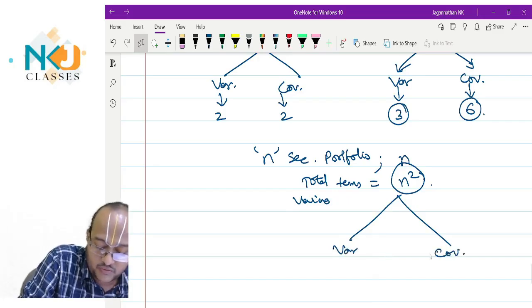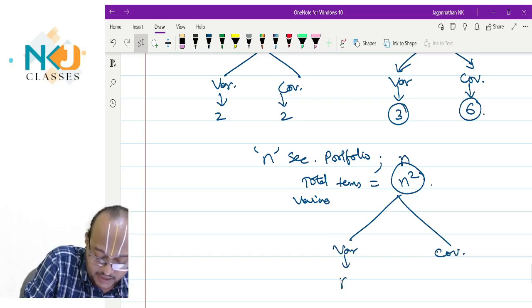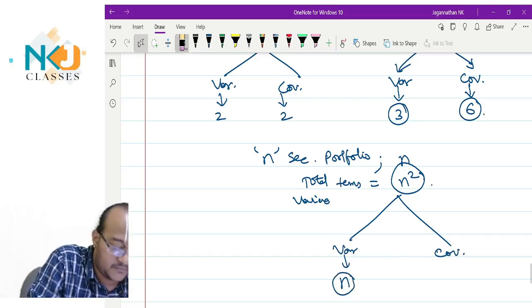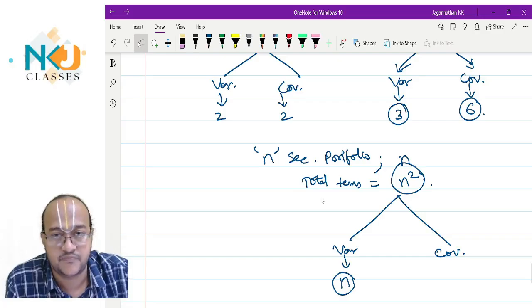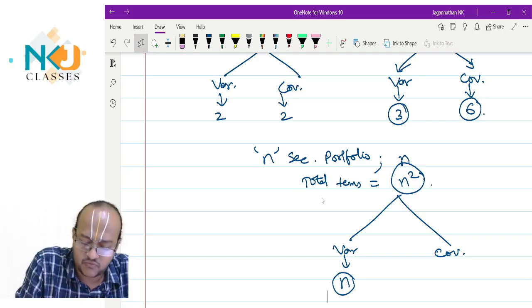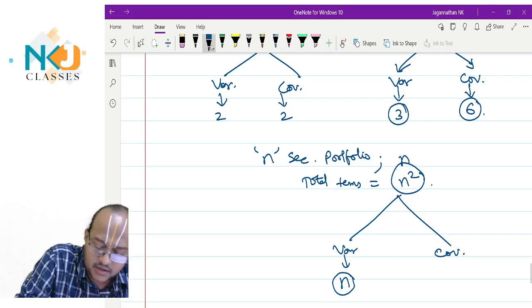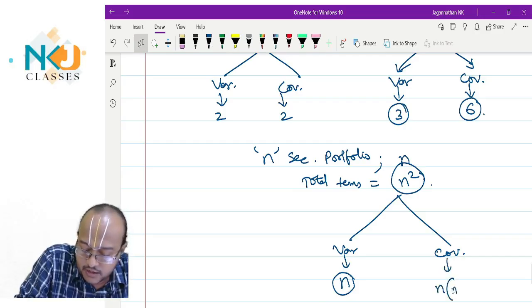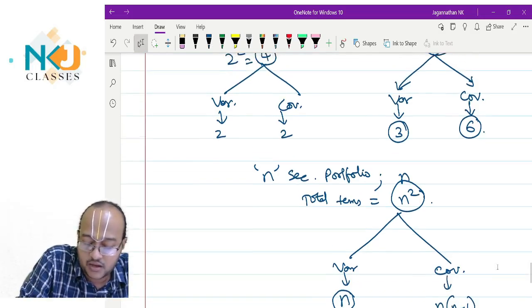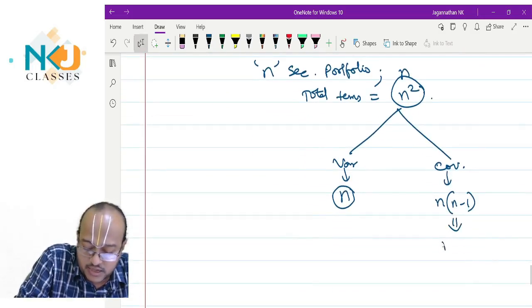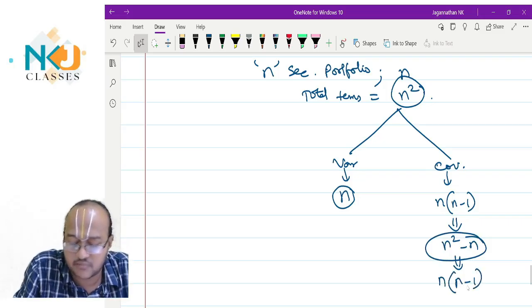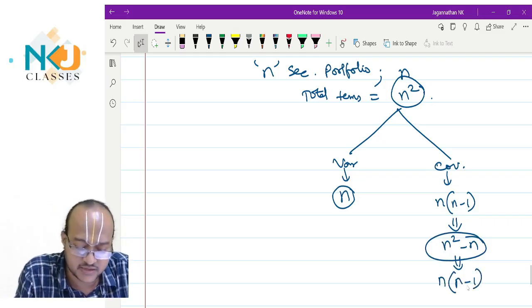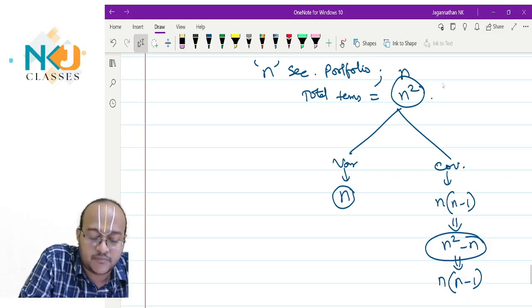Variance terms will be n. Understood? 2 security portfolio, how many variance terms? 2. 3 security portfolio, 3 variance terms. What about covariance? It will be n into n minus 1 terms, or n square minus n. This is the same: n square minus n, if you take n as common, you get n into n minus 1. Same. Are you understanding?